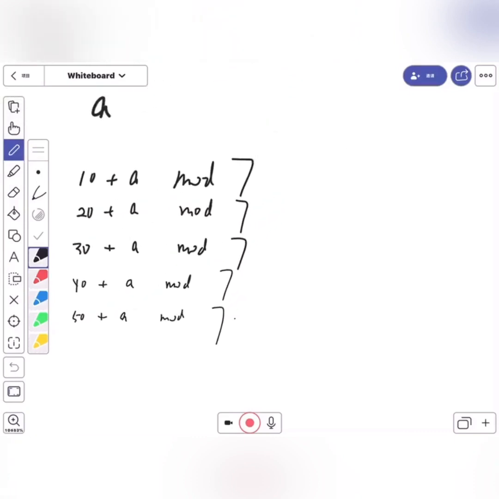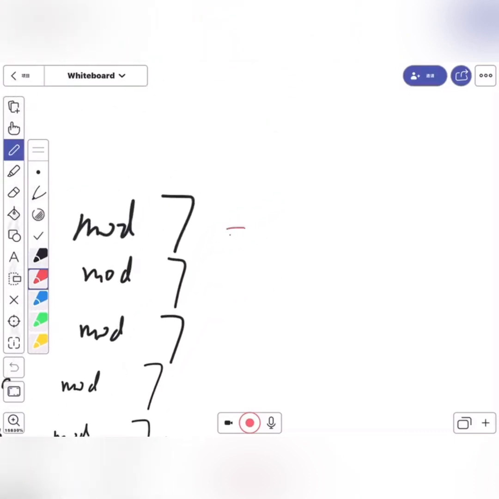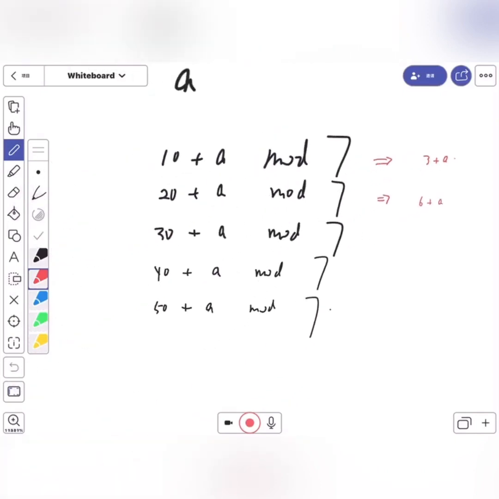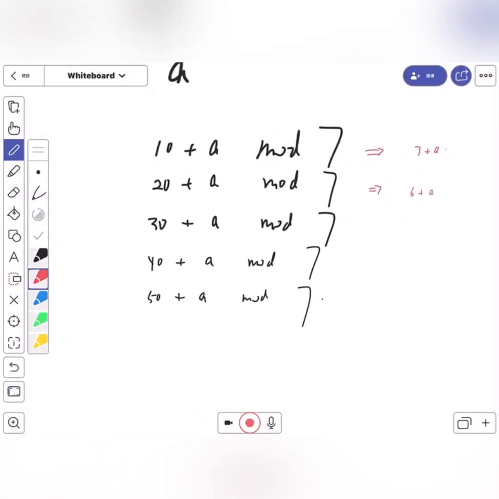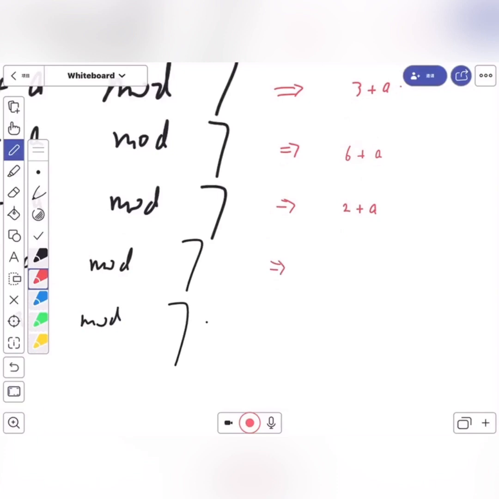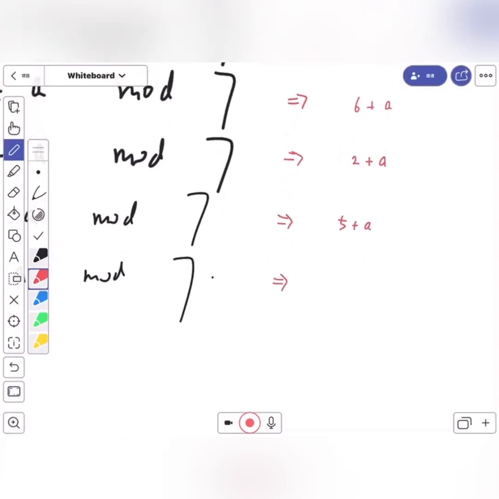Now 10 mod 7 is just 3 mod 7, so this is equivalent to 3 plus a. 20 plus a is equivalent to 6 plus a, since we're converting all of these, 10, 20, 30, 40, and 50, into a modulo 7. So 30 is 2 plus a, 40 is 5 plus a, and 50 is going to be 1 plus a.